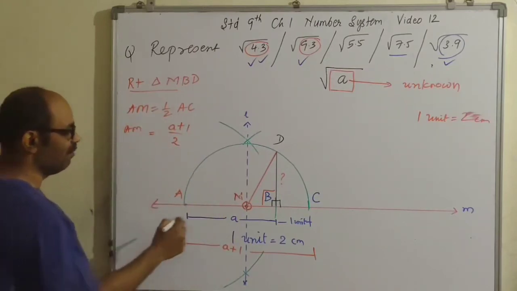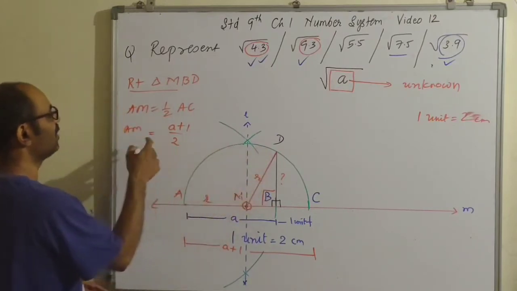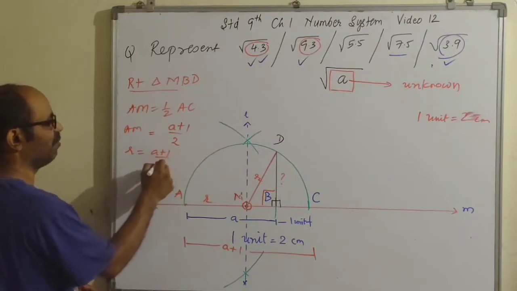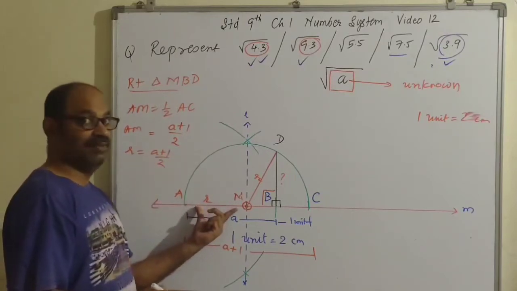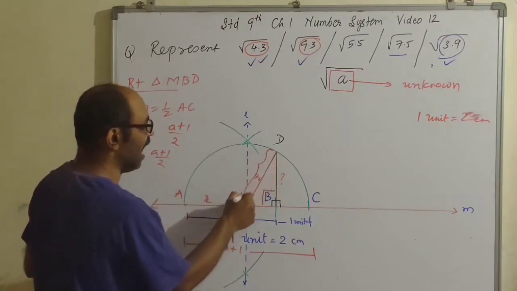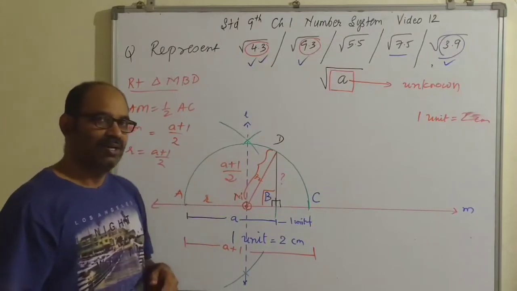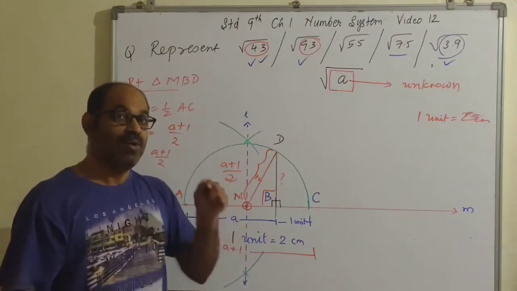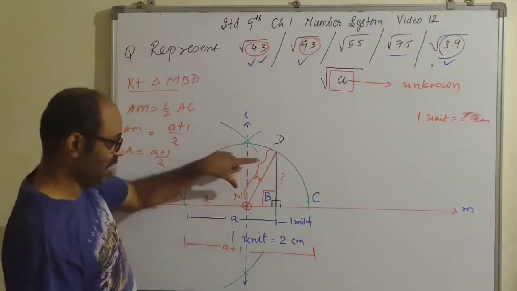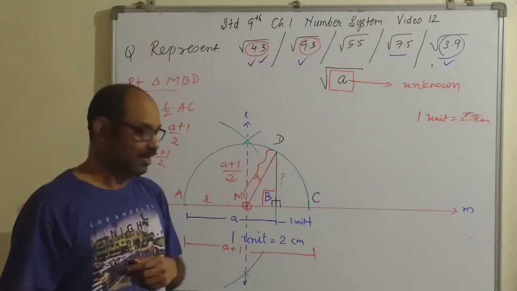So how much is the radius? The radius is equal to (a plus 1) by 2. AM is the radius of that circle, which is (a plus 1) by 2. Remember, as you sow, so shall you reap. This MD we have got in the form (a plus 1) upon 2.